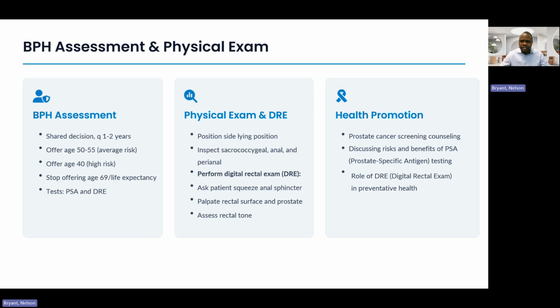Prostate cancer screening is recommended beginning at age 50 for average risk men, and 40 for high risk individuals. We use PSA, as I mentioned, and also DRE, which is not very common nowadays.